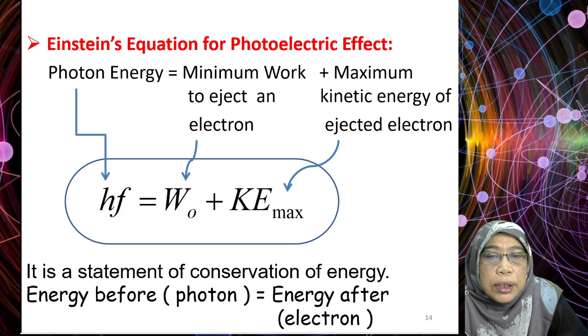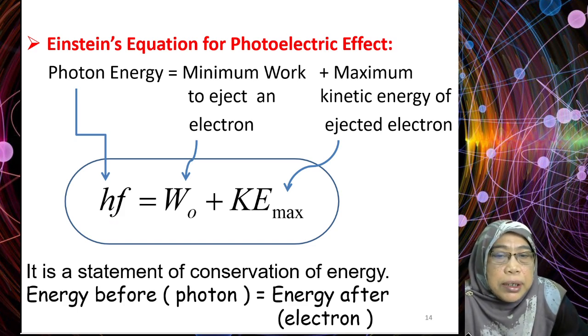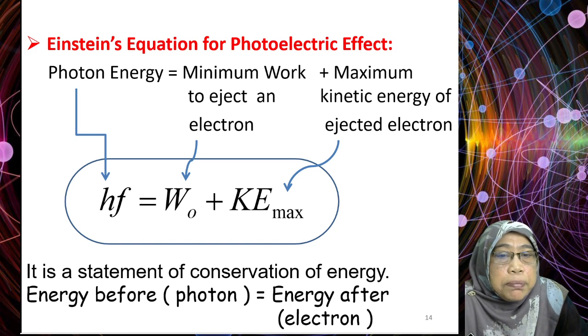Equation just now, hf or hc over lambda. And then the work function, W naught, stands for the minimum work to eject an electron, the minimum energy to eject an electron. So it depends on the type of metal, and after that the remaining energy will go to the maximum kinetic energy of the photoelectron.